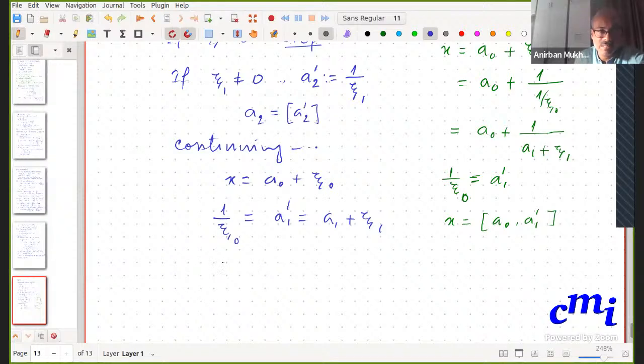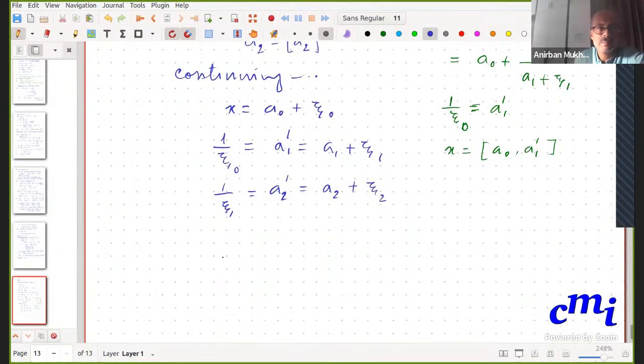Then writing becomes easy. So 1 over xi1, just write like this. So a2, so just this index increases by 1 here, and that remains, and this is xi2. So keep doing that.